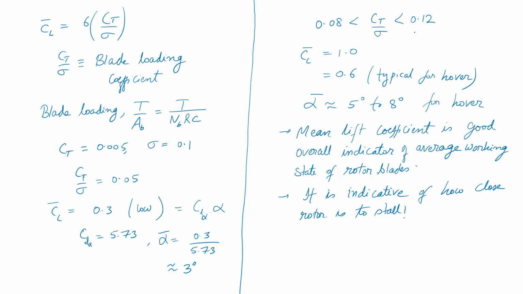If you have to generate so much thrust, what is my Ct for my rotor? What should be my sigma to ensure that my Ct over sigma is in the correct place? And if I want my Ct over sigma to be slightly on the higher side, like 0.12, I use this as a benchmark. I know my Ct, I will find my sigma. So I know how many blades I should use, and I can see what disk loading I should have.